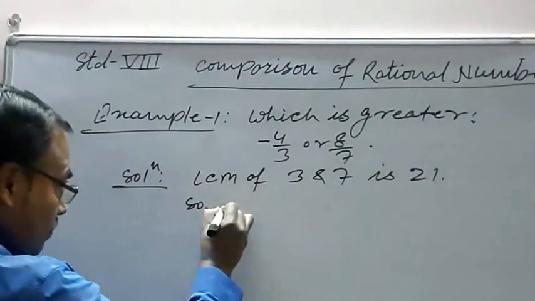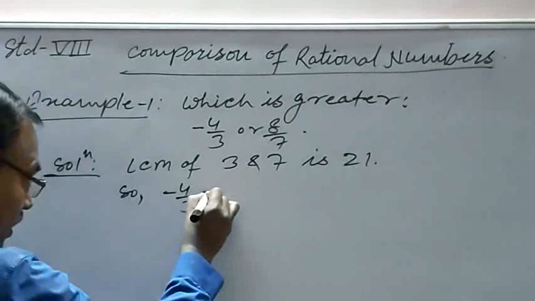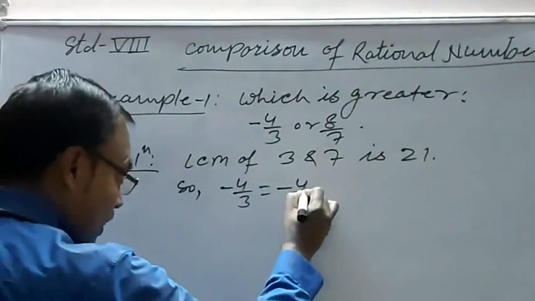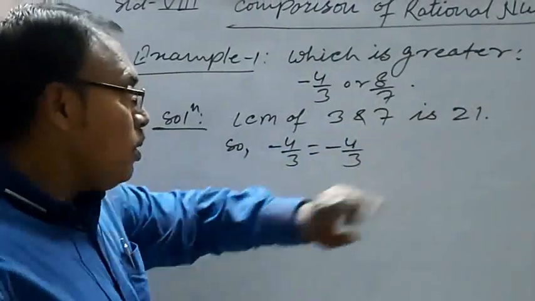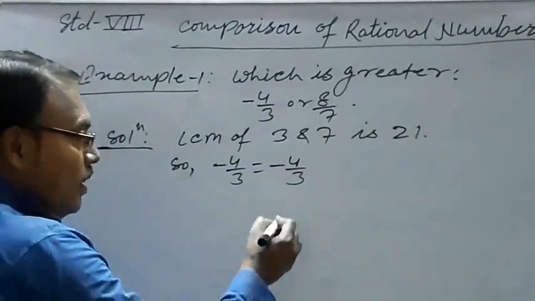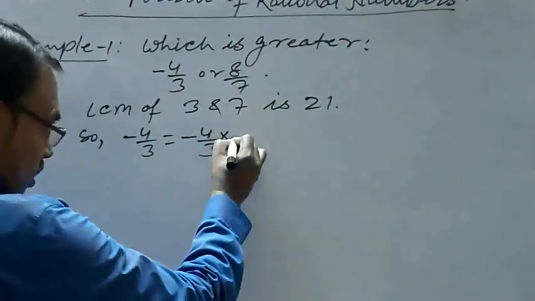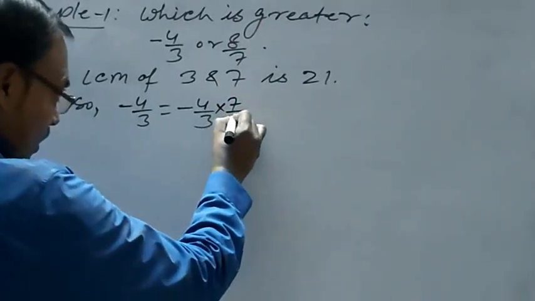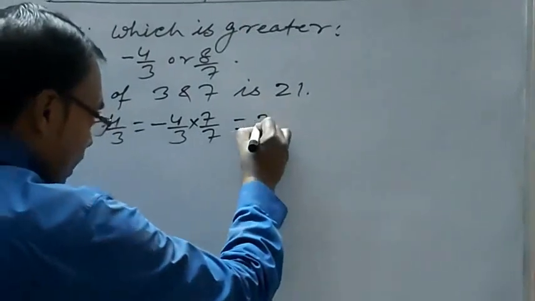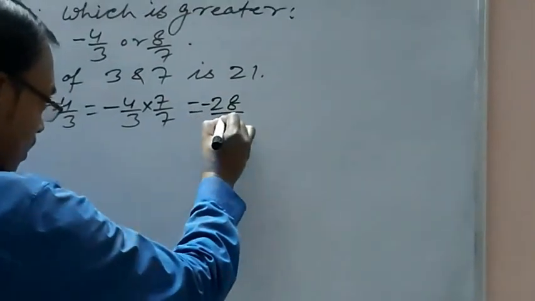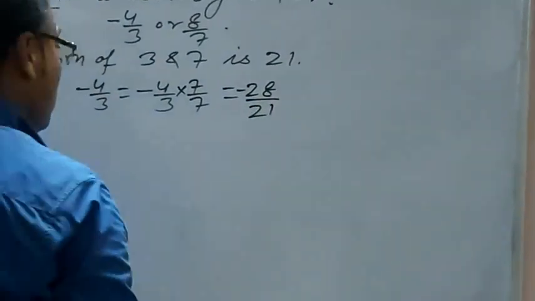So minus 4 by 3, and we have to make its denominator equivalent to 21. So we multiply both numerator and denominator by 7. Then it becomes minus 28 by 21.